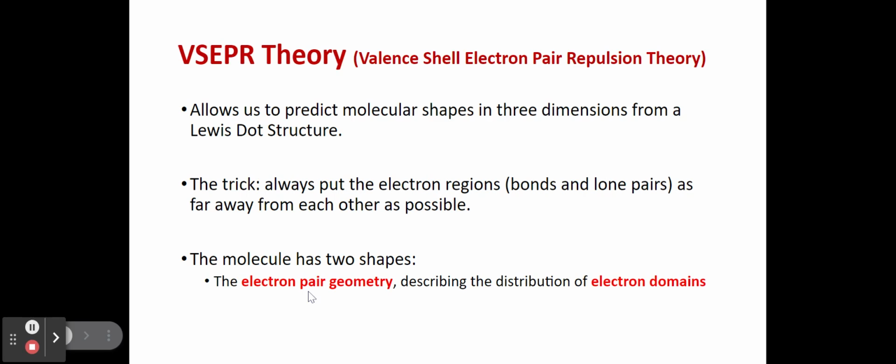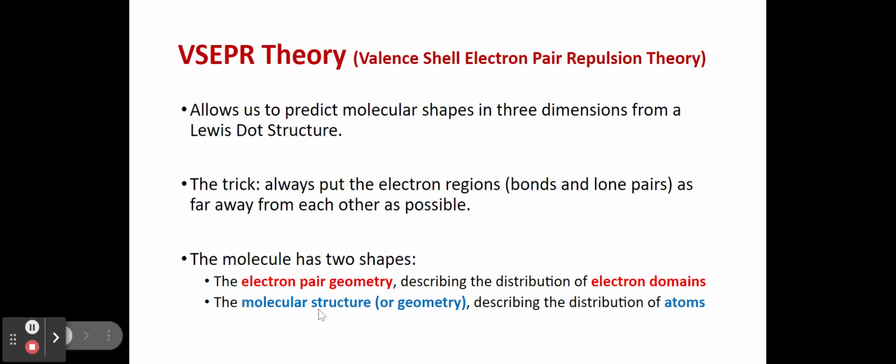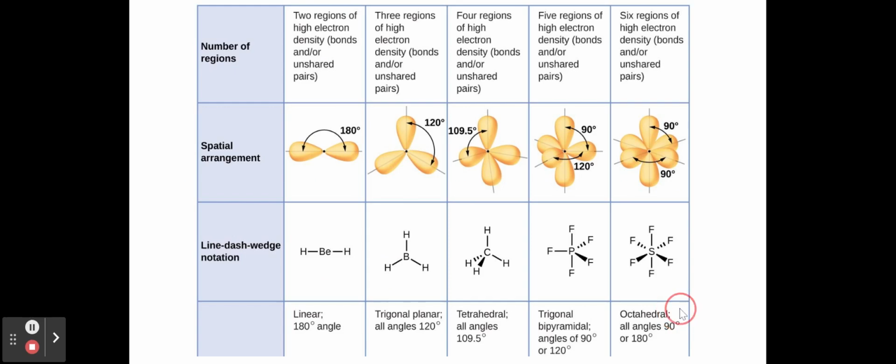The first is what we call the electron pair geometry, and that describes the distribution of the electron domains. And then we have the molecular structure, which is also referred to as the molecular geometry or just the geometry, and that deals with the distribution of the atoms in that molecule.